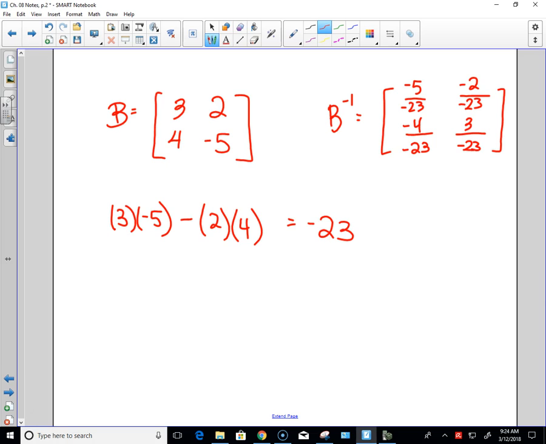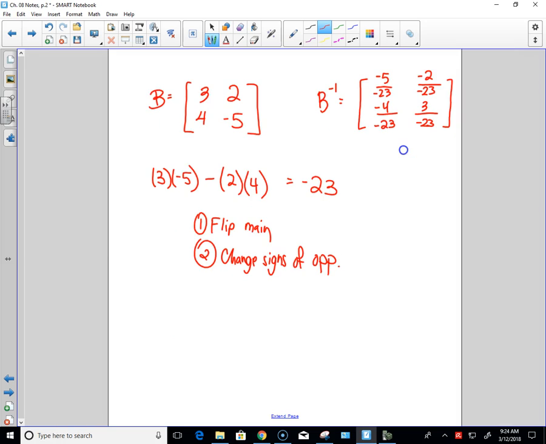So pause. Maybe the pattern is a little bit harder than we thought. Maybe we need to flip the main, change the signs of the opposite, and then number 3, divide by, if I was to call this, let's see, A, B, C, D, couldn't I make it A times D minus B times C?